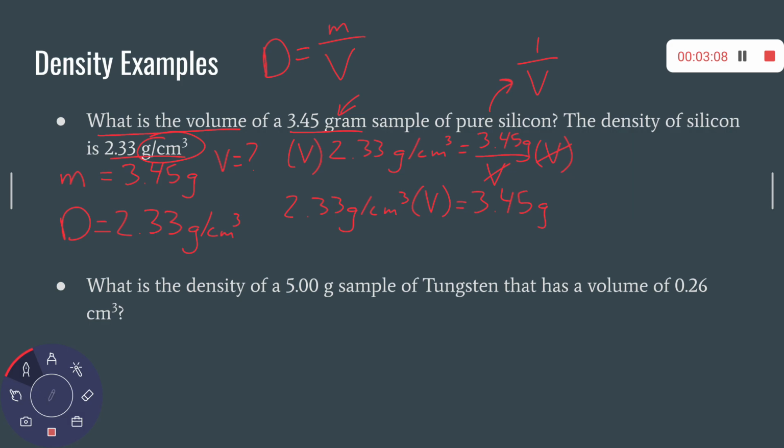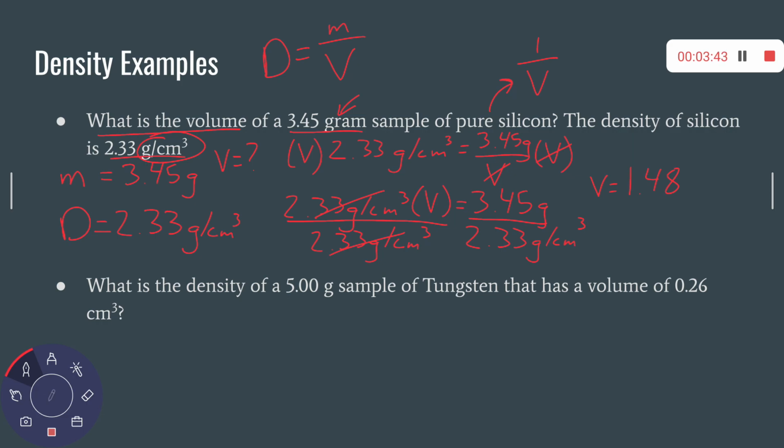Now my volume is not in a denominator, and now I can divide both sides by my density to isolate my volume variable. So these will cancel. I'm left with volume on its own. And I will put this into my calculator. 3.45 divided by 2.33. And that will give me 1.48, about. I'm rounding.